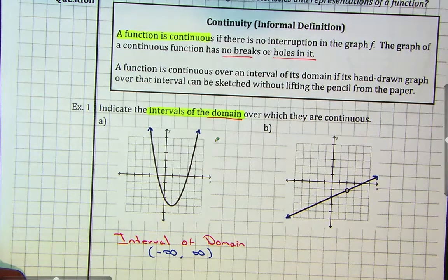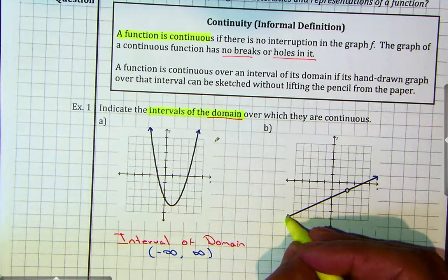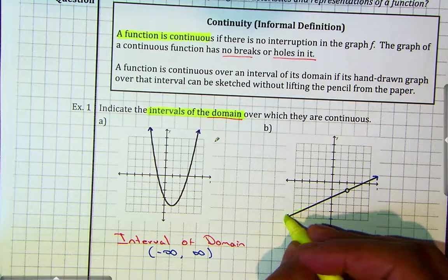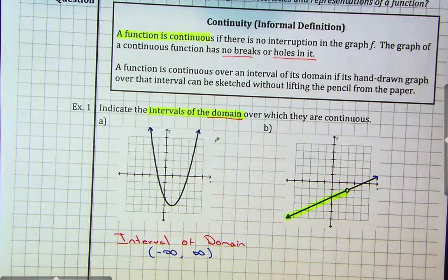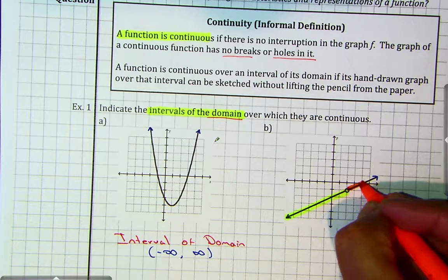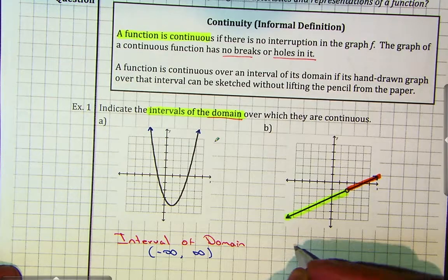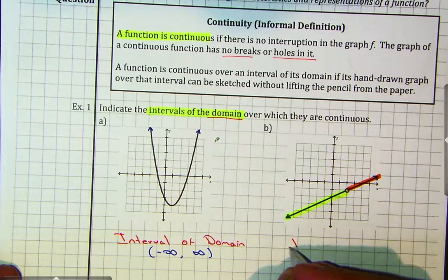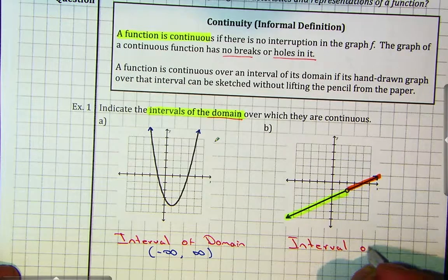Letter B. In this case, we have a function that is not fully continuous. There's a gap. We start here, there's a small gap, and then we start once again from here on. So we have two intervals that are continuous. Remember that we write the interval of the domain.